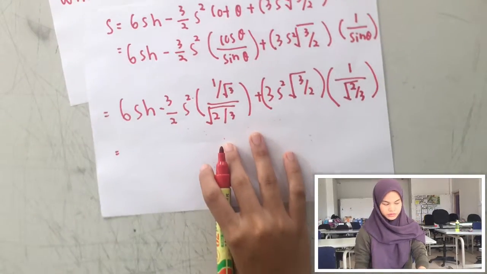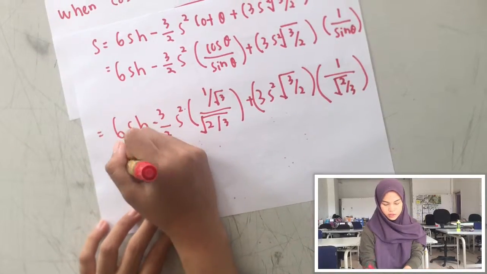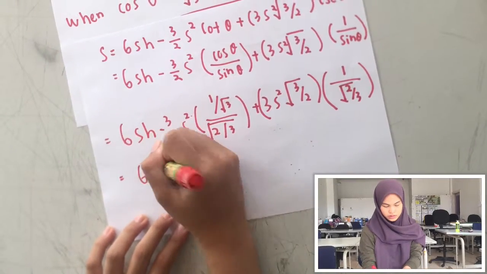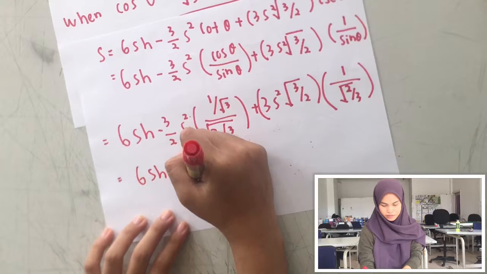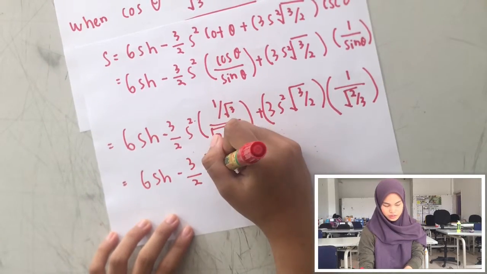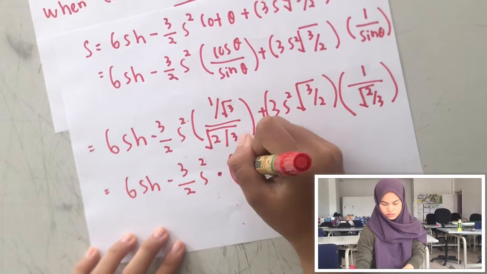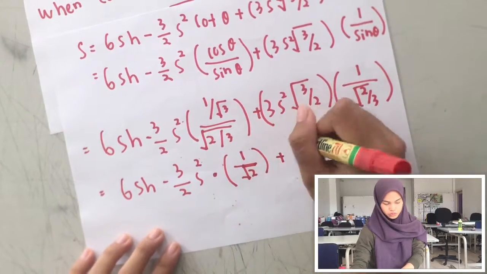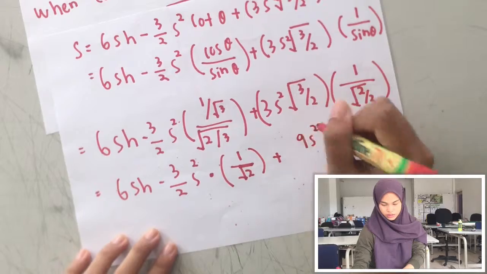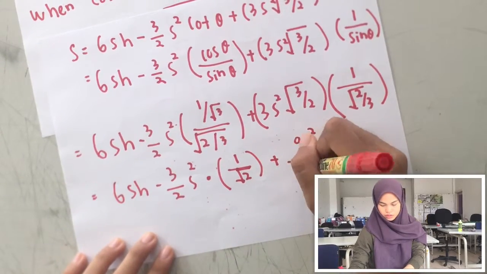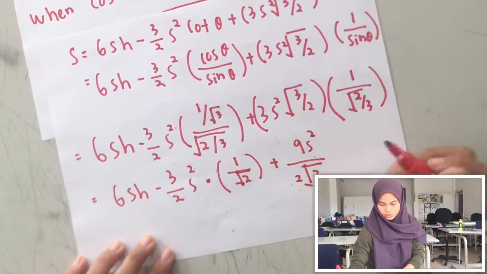So from here, we get the equation 3 over 2 s squared times 1 over square root 2, plus 9s squared over 2 square root 2.